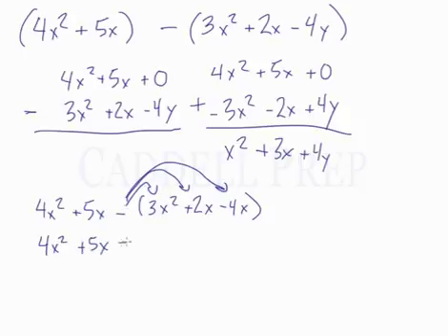This becomes negative 3x squared, negative 2x, plus 4y. I wrote it incorrectly at first. This should be minus 4y, so when we distribute it, it becomes plus 4y.